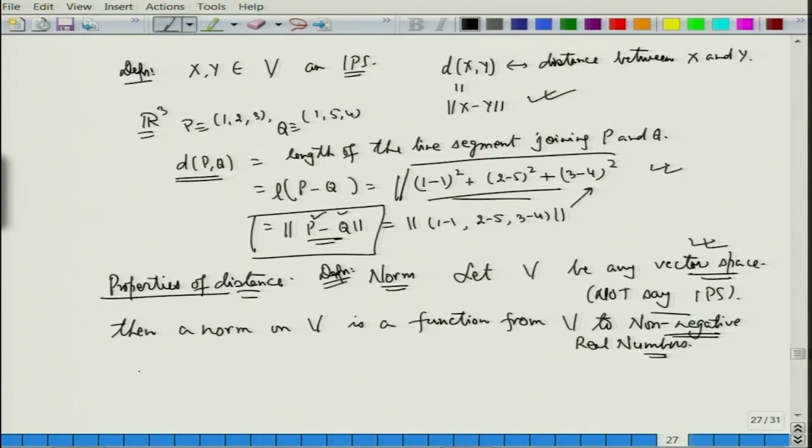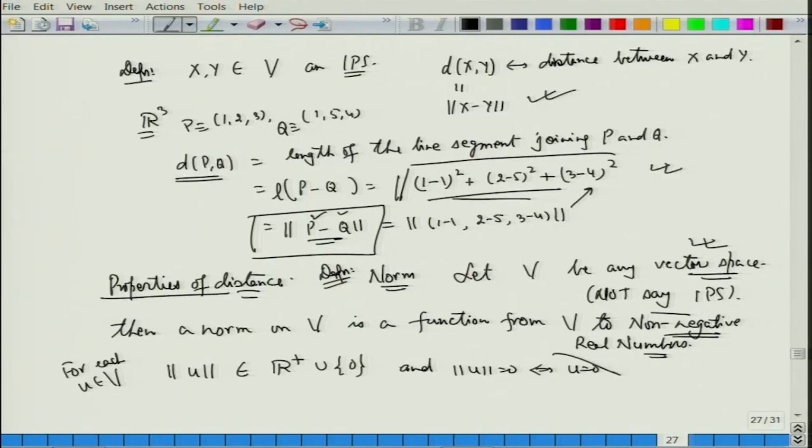The map should have certain properties. Generally we write it like this: for each U belonging to V, the norm of U belongs to R plus union 0. And what we need is that the norm of U is 0 if and only if U is 0. This is the first thing for us.